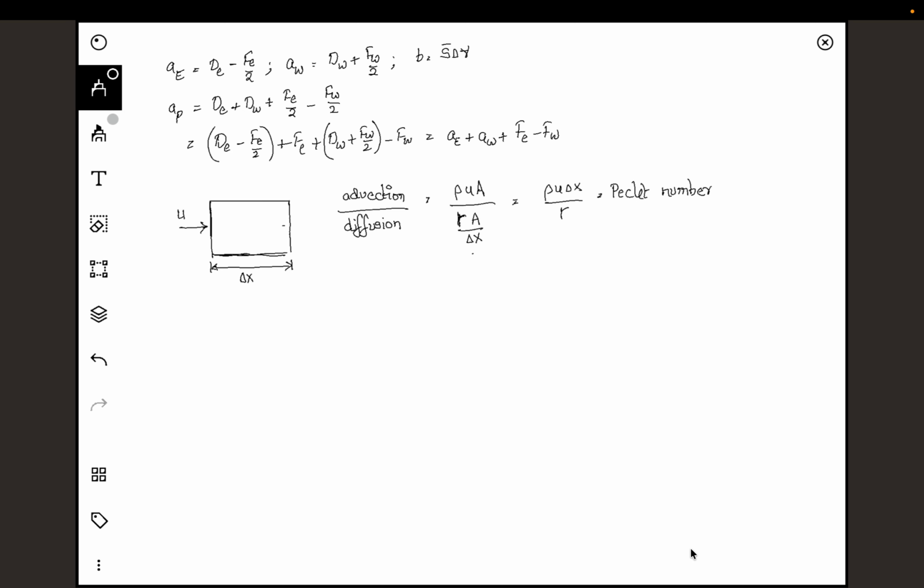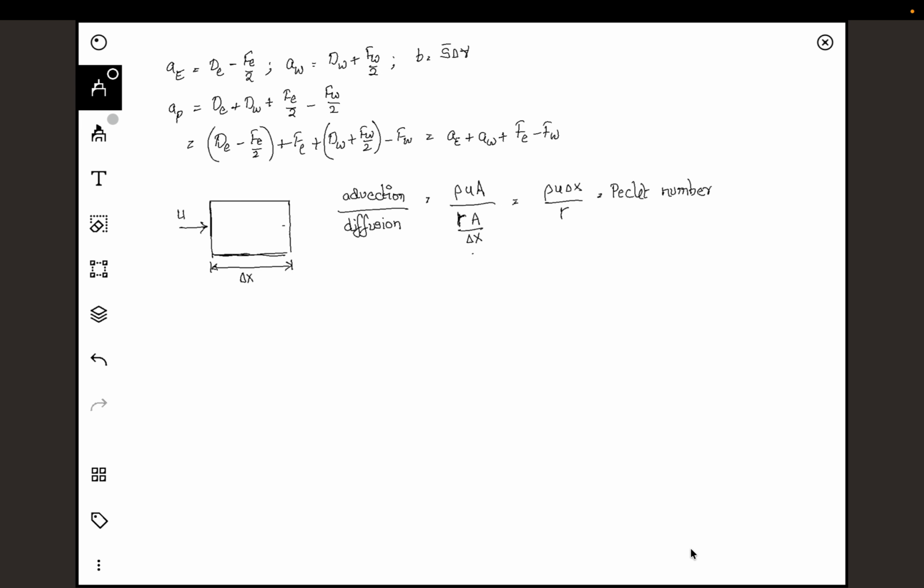So what this means is, if the Peclet number is very high or very low, depending on how you treat it. So if the Peclet number is very high, what happens? What do you think will happen? Because we are using the Gauss-Seidel method, which is a method devised specifically for elliptic equations. So this method is particularly suitable for elliptic equations. So this will be applicable as long as we have that elliptic approximation valid, which means the strength of diffusion should be sufficiently higher than the strength of advection.